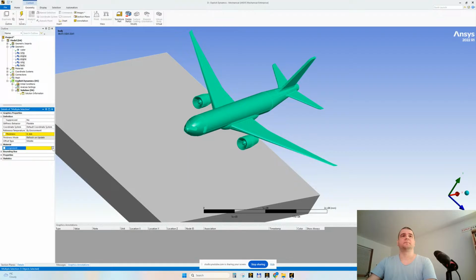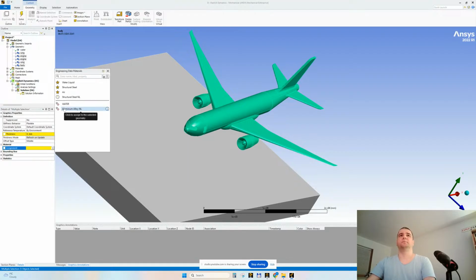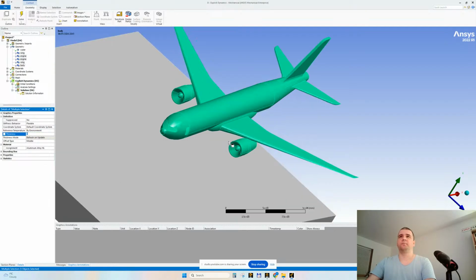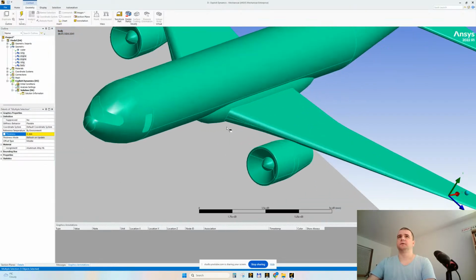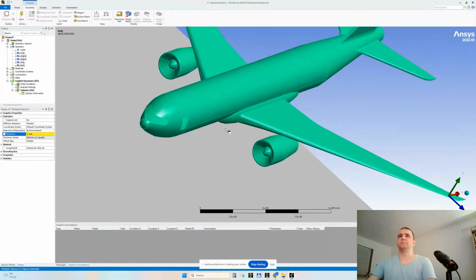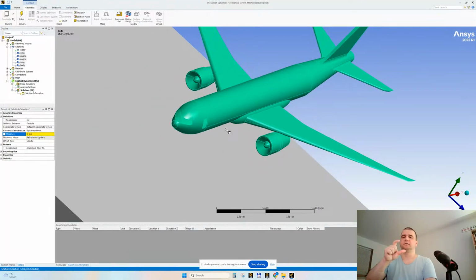Let's define the material as aluminum alloy nonlinear. Now we need the thickness. How much thickness should we give? As I have used in the past, something like 150 millimeters.